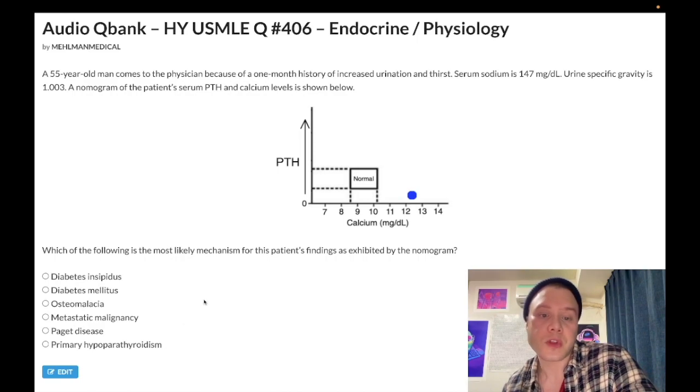I mean, we have low PTH in that setting causing low calcium. When you do a thyroidectomy, you can simultaneously remove the parathyroid glands, okay? And you're going to get low PTH and low calcium as a result, very high yield. And also, primary hypoparathyroidism could be DiGeorge syndrome, where you have aplasia of the third and fourth pharyngeal pouches, okay? That's also very high yield.